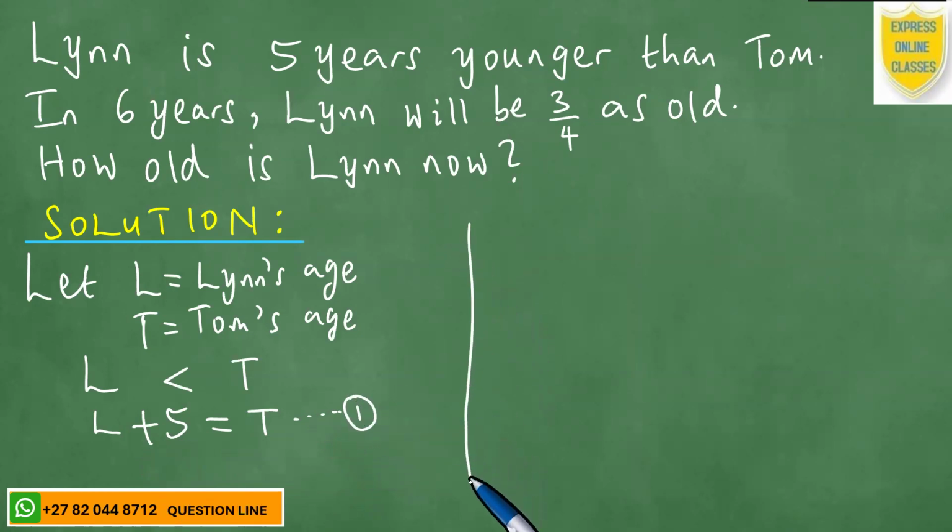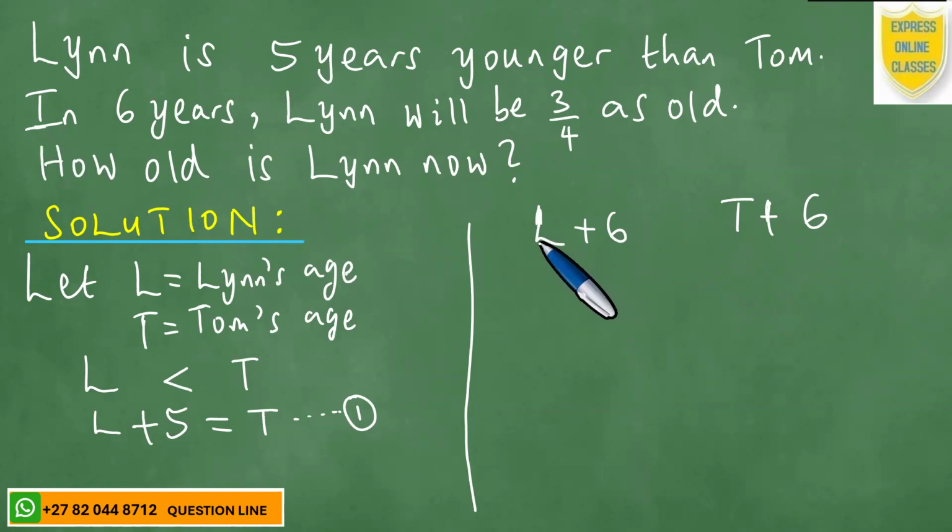Next. In 6 years, Lynn will be 3/4 as old. So we're dealing with Lynn and Tom, but we are saying in 6 years. So we add 6 to each of these so that we push the ages 6 years ahead. We add 6 to Lynn, but we also add 6 to Tom.